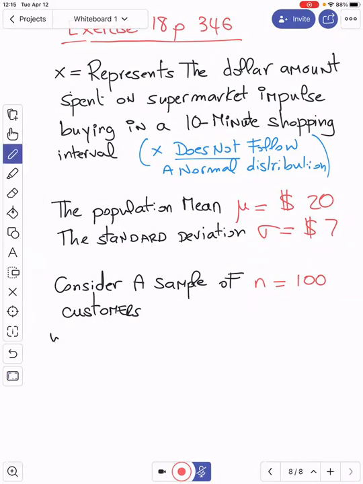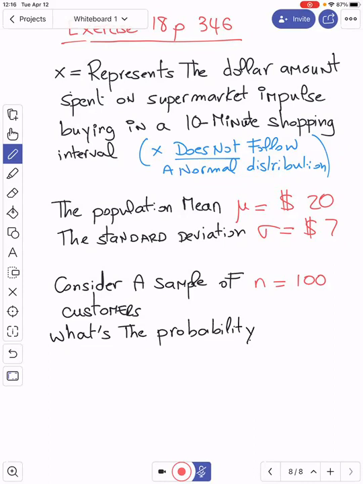So what's the probability that X bar, so that's the sample mean, or the average amount spent by the 100 customers?